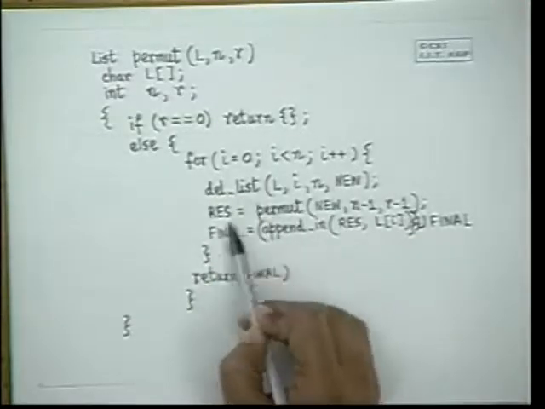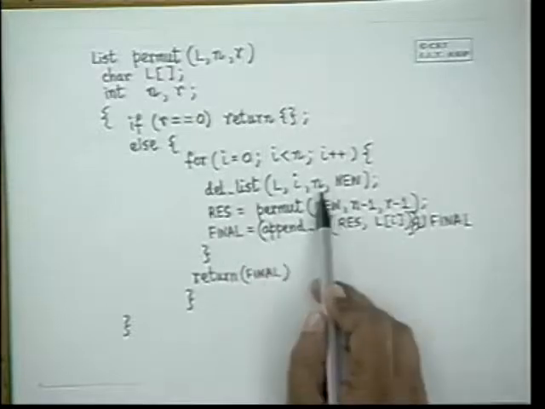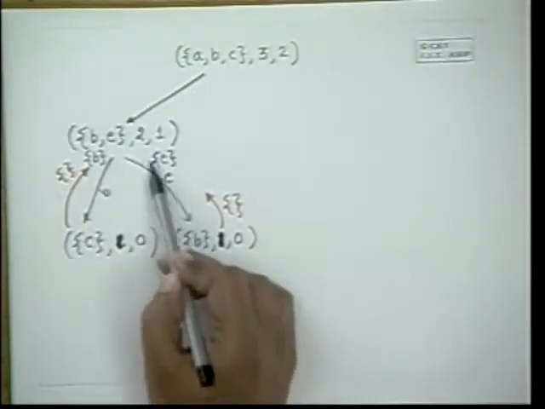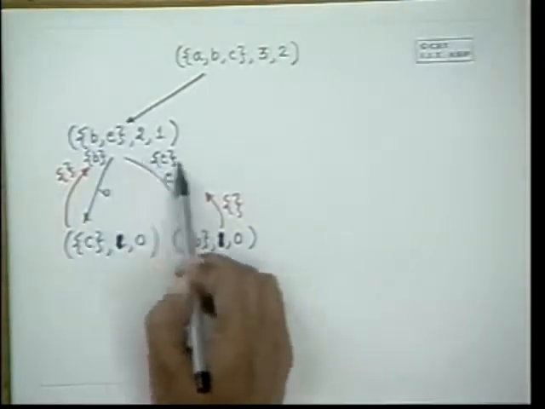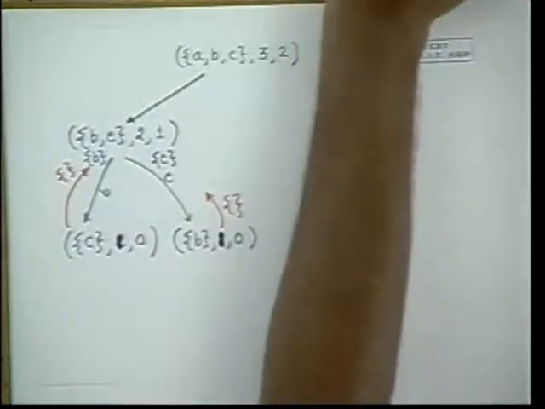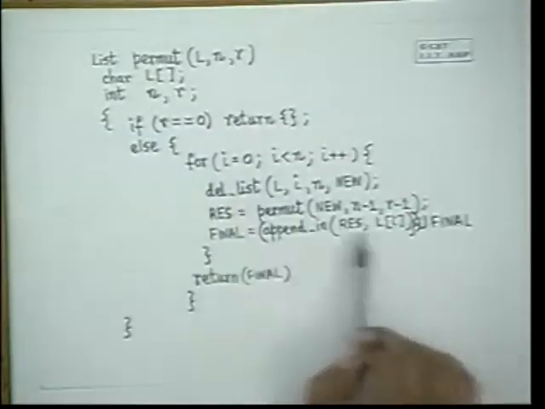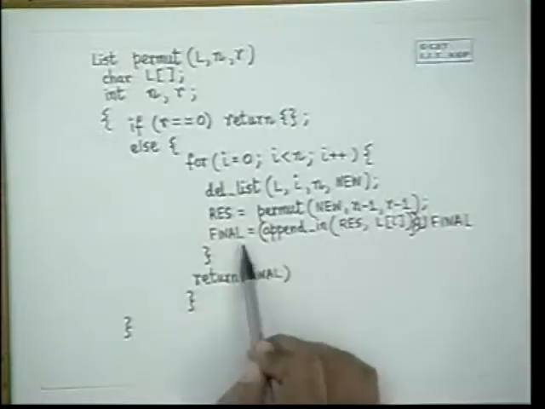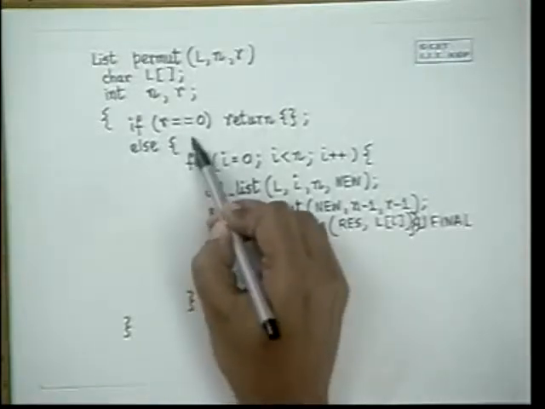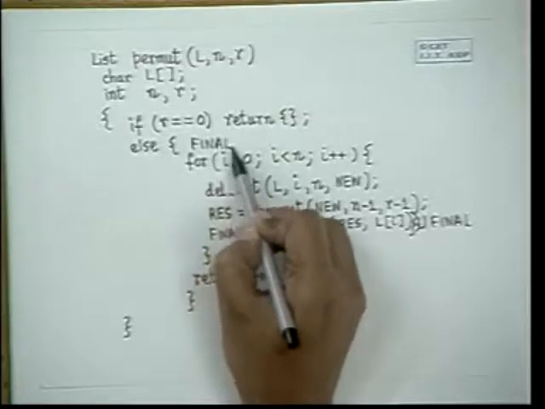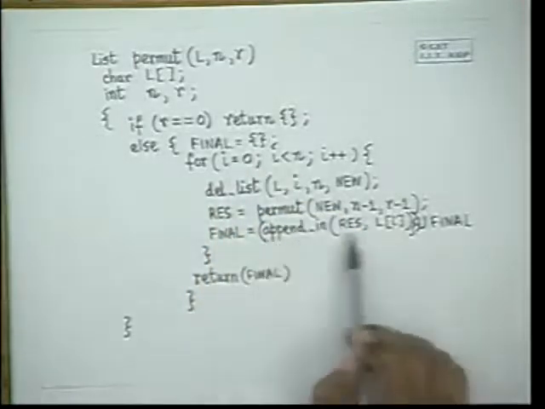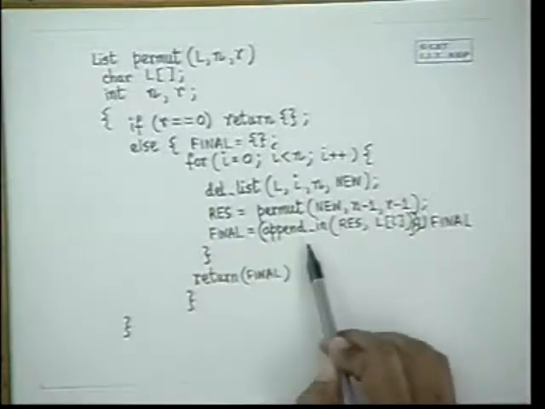Because from this side, if you get some result, and from the left side and the right side, say from the left side you get something B, from the right side you recompose and get C, you will have to make a union of the two. So in the loop we can make this union. Okay, and you initialize final in the beginning of the program to be null, and then you make a union of it.